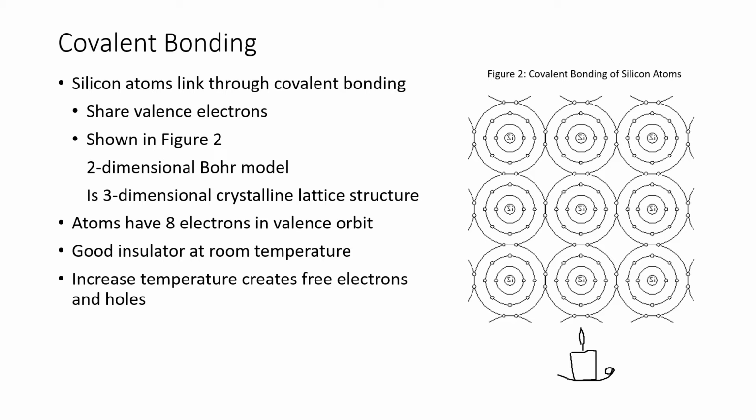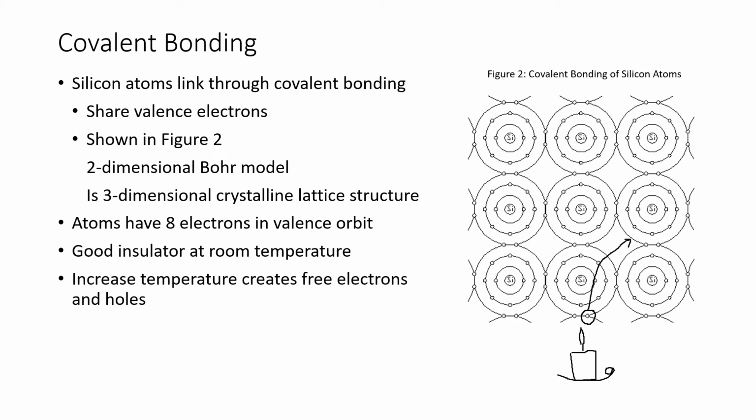So if I add some thermal energy to this chunk of silicon, then what's going to happen is, of course, when we add energy to any material, that energy has to be transferred, and the energy is transferred by knocking an electron loose from its orbit. So this particular electron here might get knocked loose, and of course it would move up here into this atom.